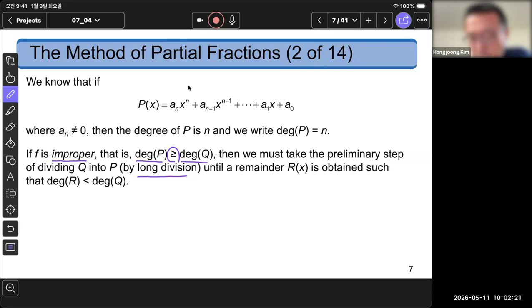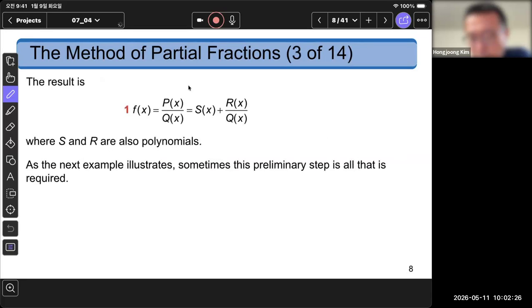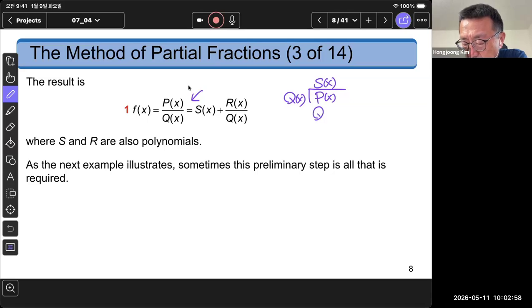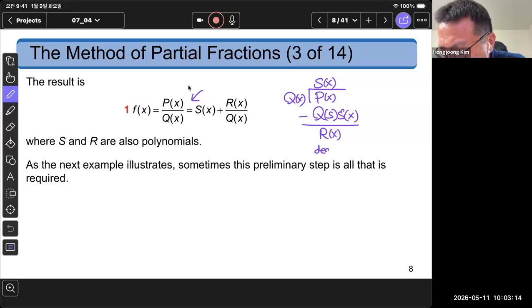When the degree of the numerator is greater than or equal to the degree of the denominator, you perform the long division to get some quotient s, and q(x) times s(x) is subtracted from p(x) to get some remainder r, such that the degree of r is less than the degree of q.